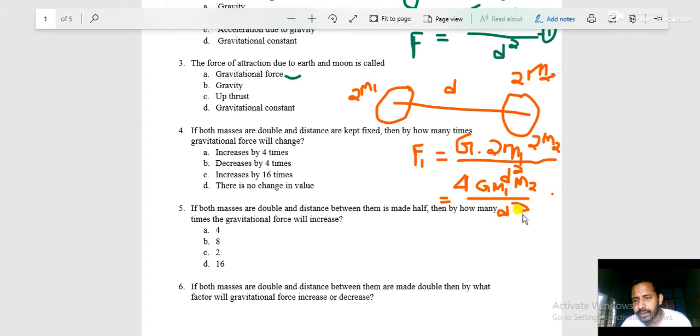Now what is the value of G m1 m2 by d square? It is F, the original value, so it should be written as 4F. So if we increase both masses twice, then the force due to gravitation will increase by 4 times.